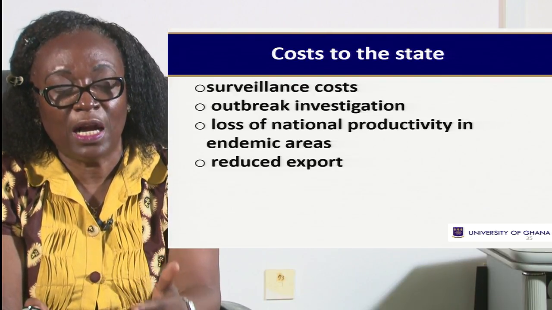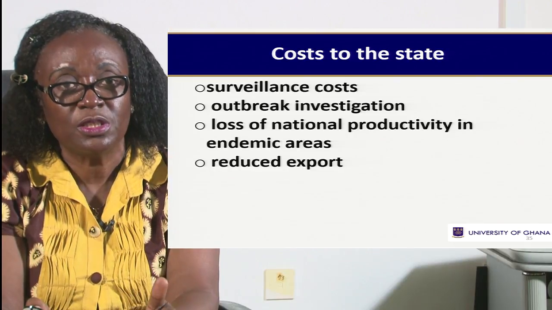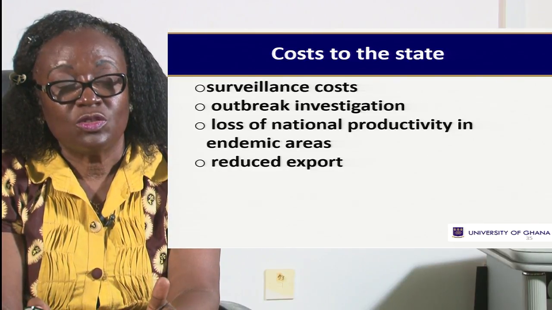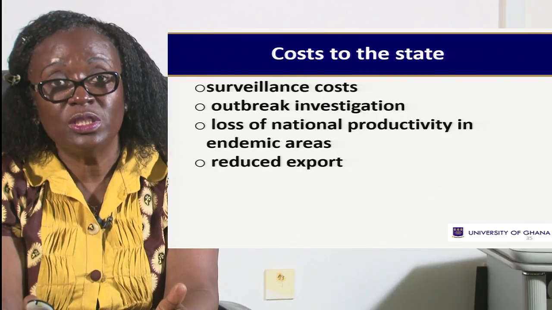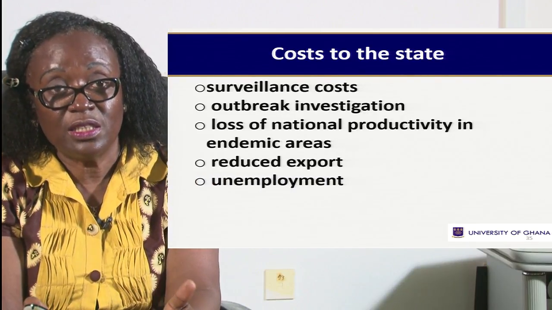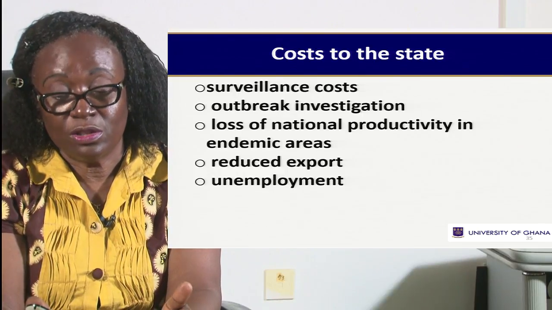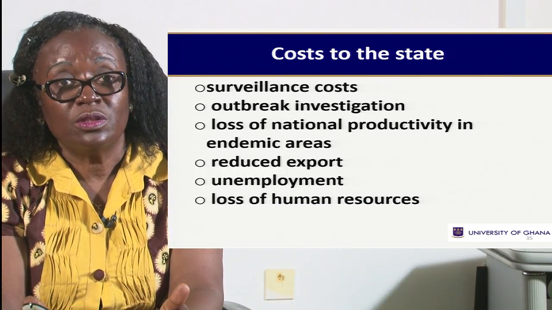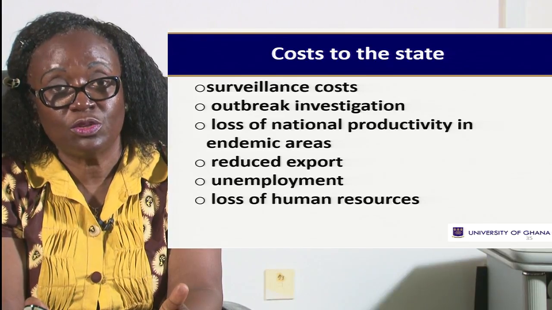All these things have implications on the safety of food. So if you are doing the right thing, then we wouldn't be spending much money on this. So the cost to the state is huge when we have food poisoning.